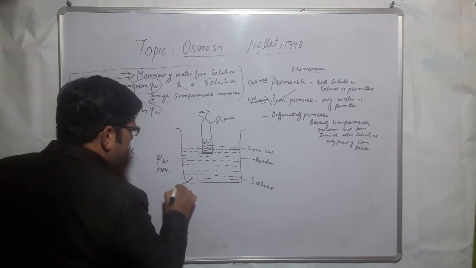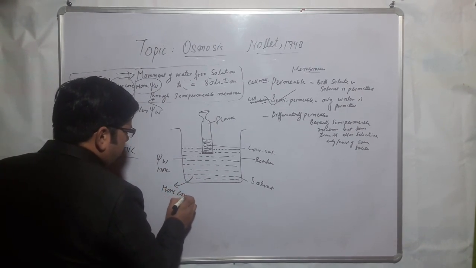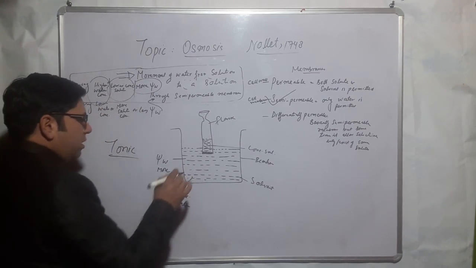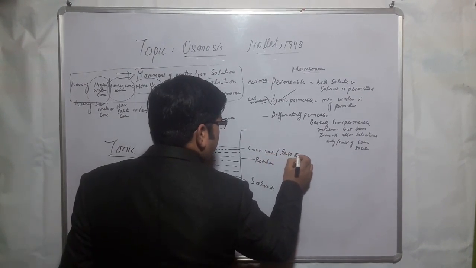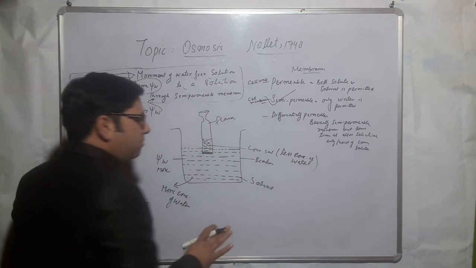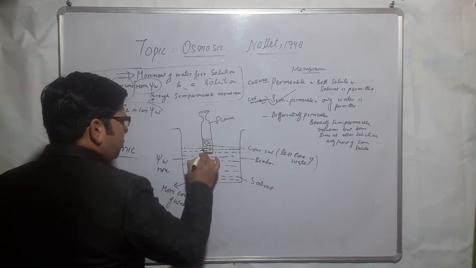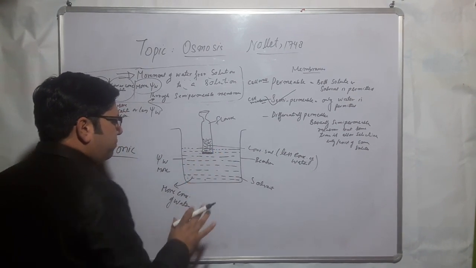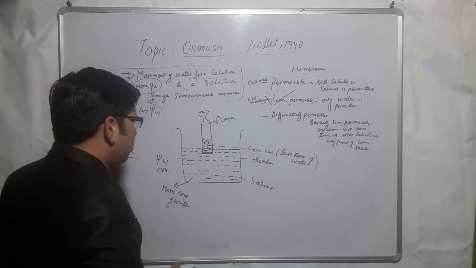Or we can say this is having more concentration of water. This solution is having less concentration of water. Fine. This is highly concentrated solution having more solute inside it. This is pure water or a less concentrated solution.